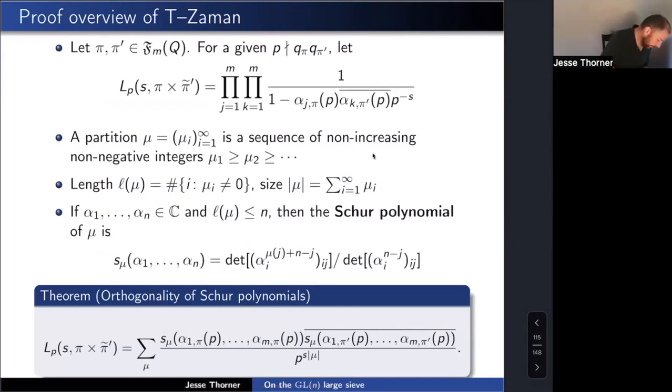I'm going to jump ahead a little bit. The point here is that as long as p does not divide the product of the conductors, within the pth Euler factor we can separate the contribution from the local parameters coming from pi and the local parameters coming from pi prime using orthogonality of Schur polynomials.